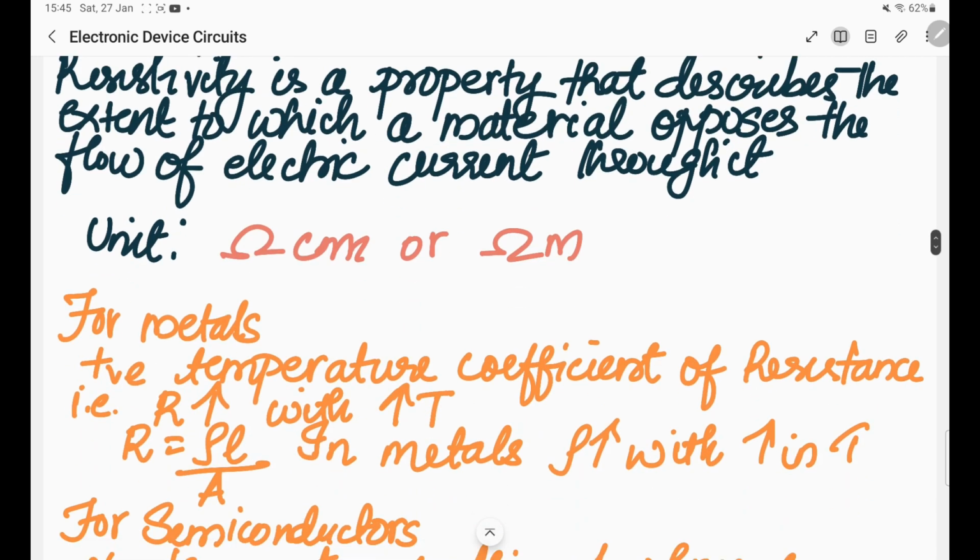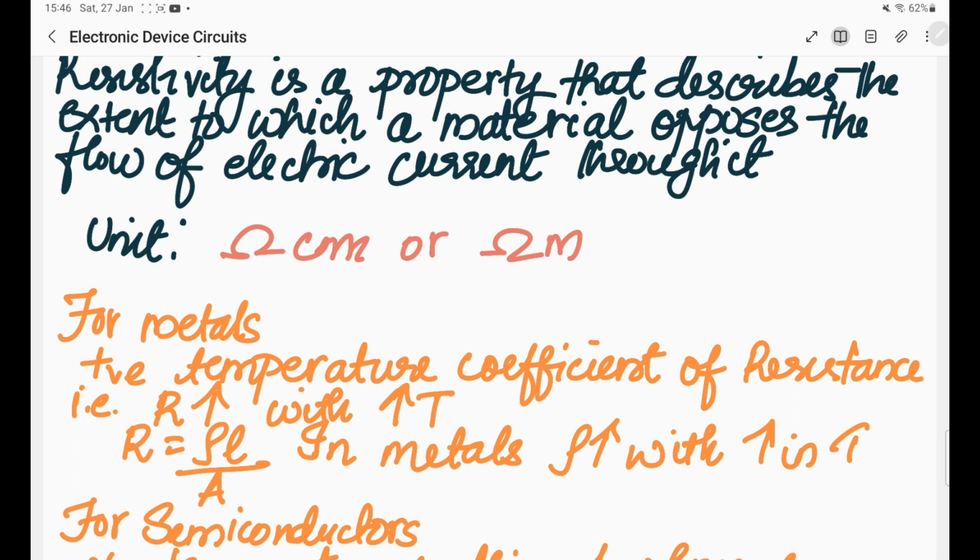For metals, it has a positive temperature coefficient of resistance, that is, resistance increases with an increase in temperature. As you know, the formula is R equal to rho L by A. I am not describing this in more detail because you have already learned about it, and we are dealing with electronic device circuits, so you should know the basics of this.